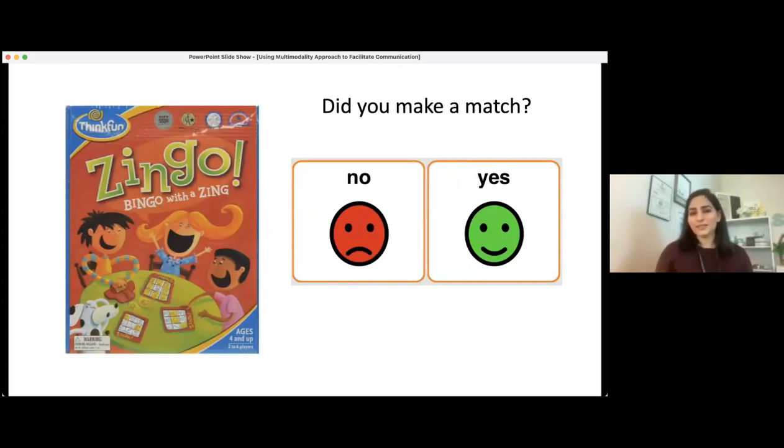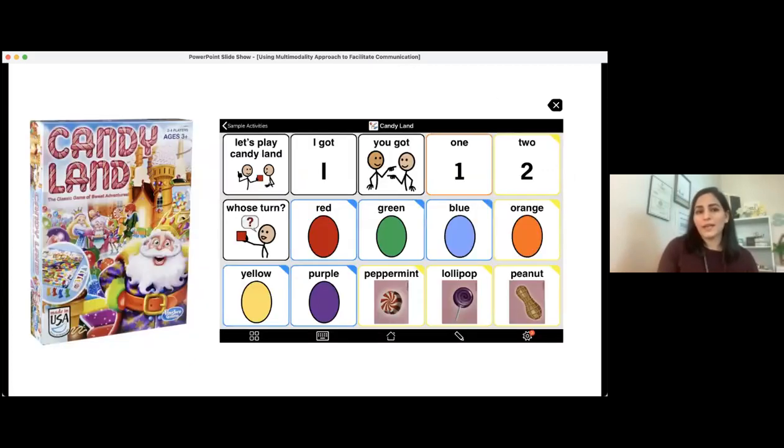If you have played Zingo, you probably know what I'm talking about. But yes, no questions are very important, and you can just even target those questions when you're playing with your children. Candyland. Let's play Candyland. You can see that they are colors. In Candyland, you get little cards which have different colors, and you can say, I got red. Whose turn?